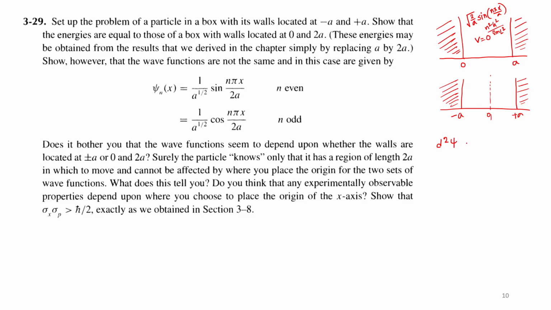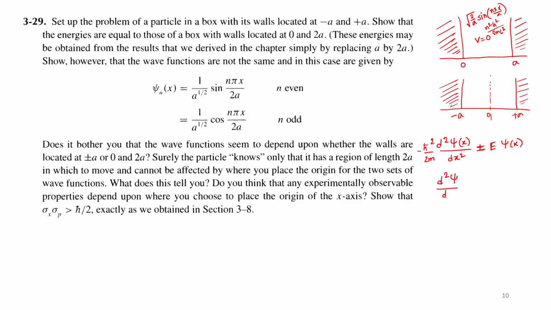d²ψ(x)/dx² plus, this is for the, and we are forgetting minus ħ² by 2m. Your potential energy is 0, and it equals E ψ(x).